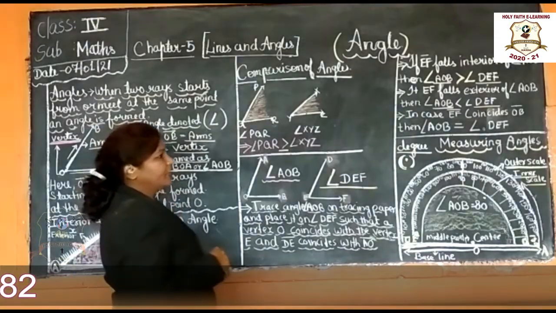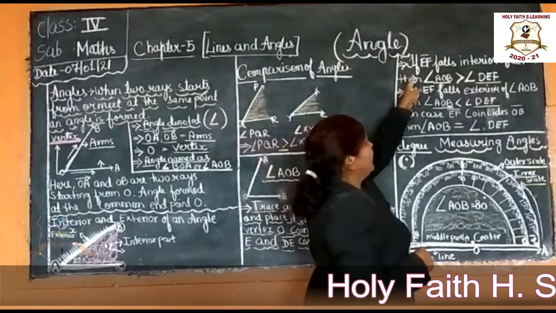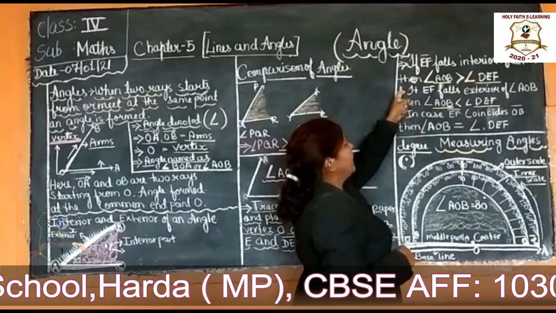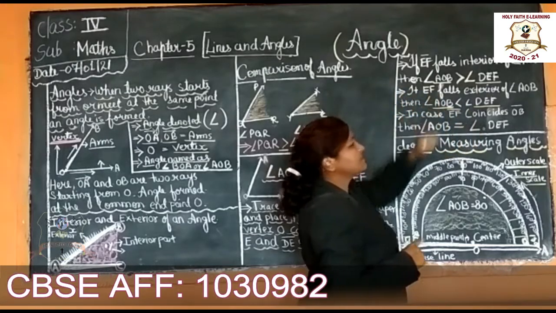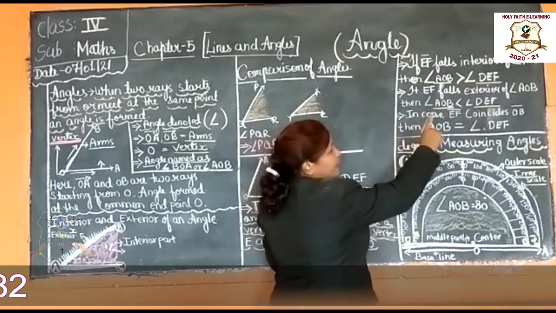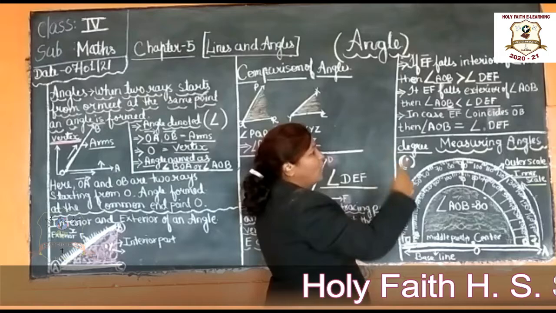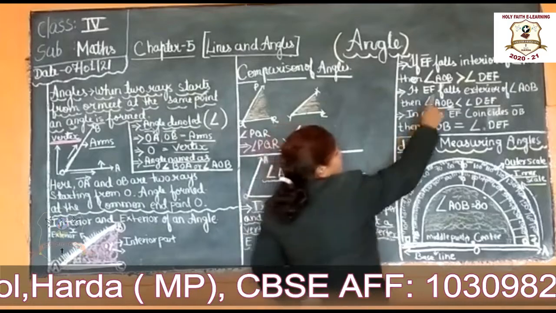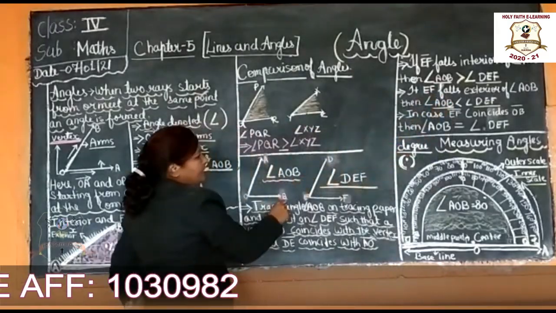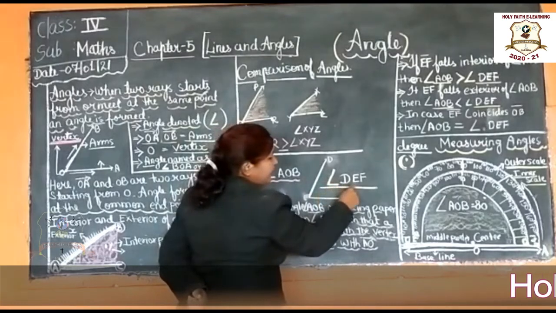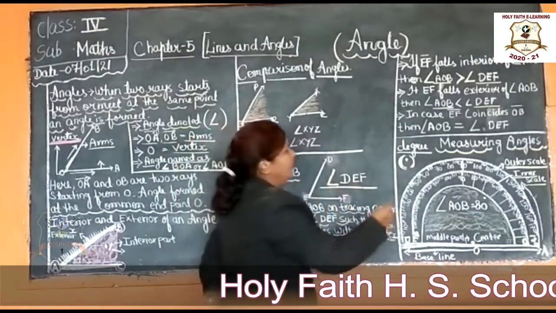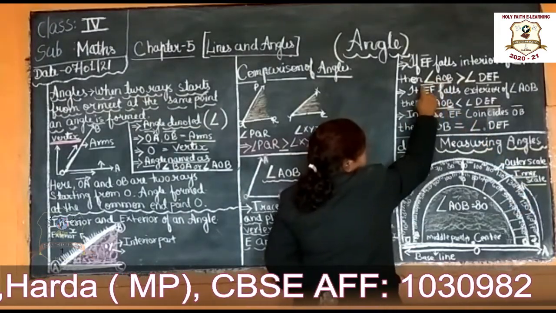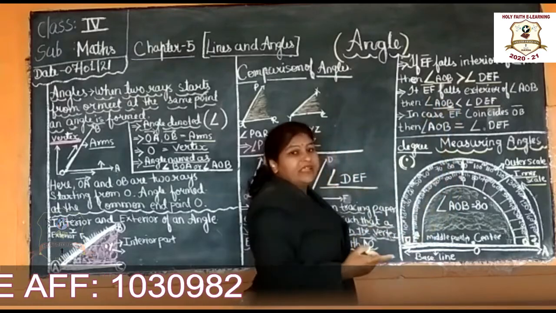Now here, if ray EF falls in the interior of angle AOB, then angle AOB is greater than angle DEF.